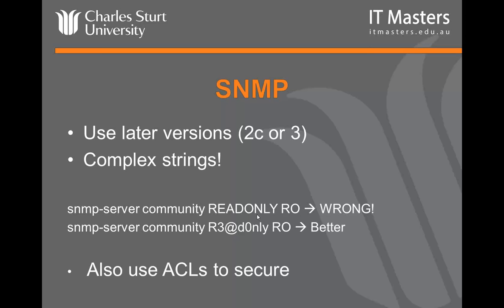You don't even have to have anything indicative of a name. You can just put in a string of characters, as long as you document it somewhere and you know what it is. But obviously the harder it is to guess, the better, particularly with SNMP, because there's so much you can do with it in terms of changing configuration and getting information off the router. It needs to be secure. Also use ACLs to secure that, so who you're sending traps to and who's sending requests.